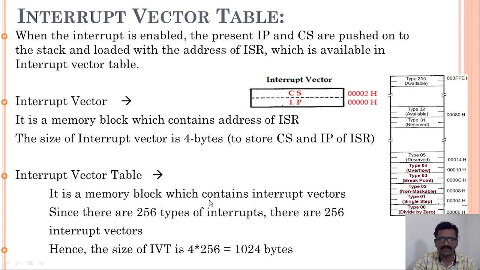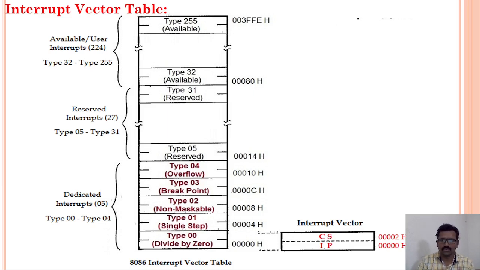Hence, the size of the interrupt vector table: one vector requires 4 locations, times 256 interrupts, that is 1024 bytes, that is 1 KB size. It is reserved. Out of here you can see all the interrupts, and each and every interrupt type has an address, that is, a CS value and an IP value.